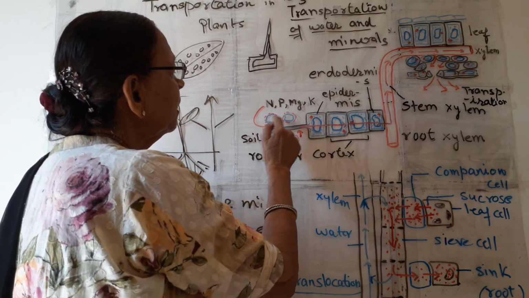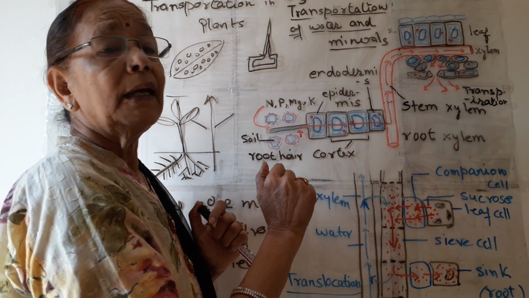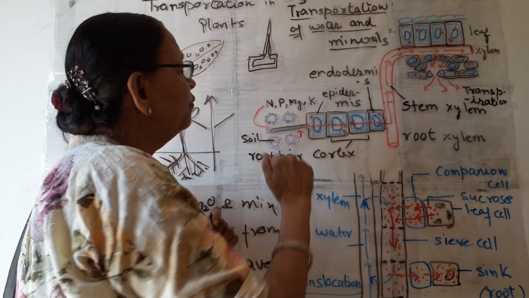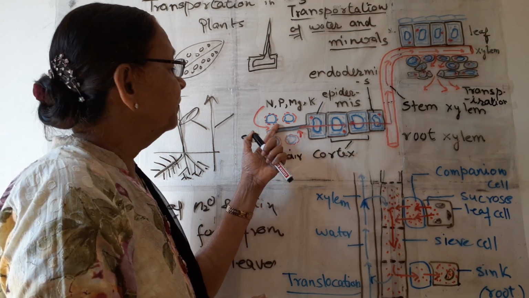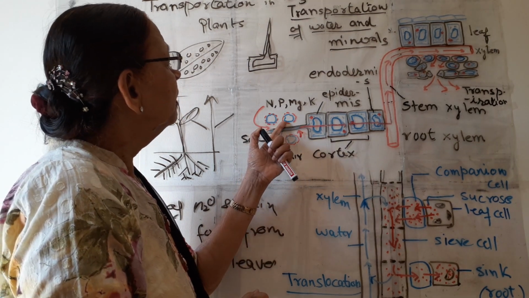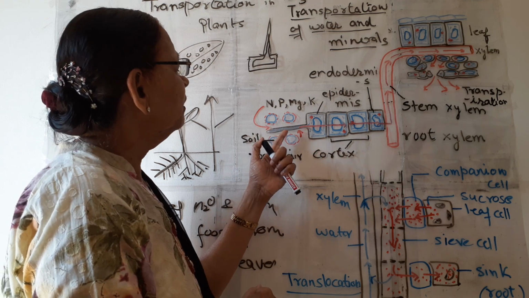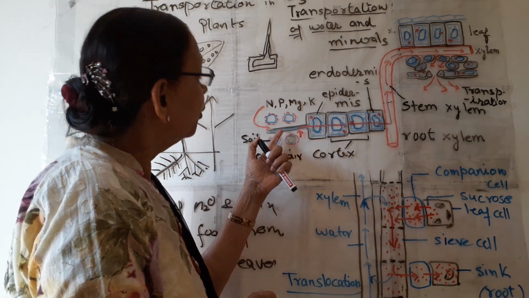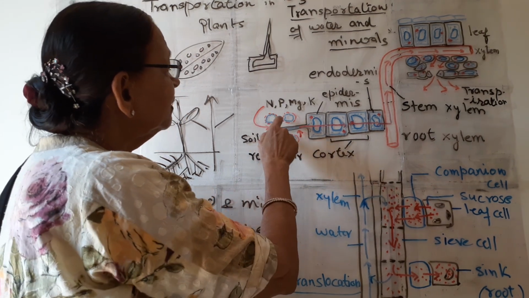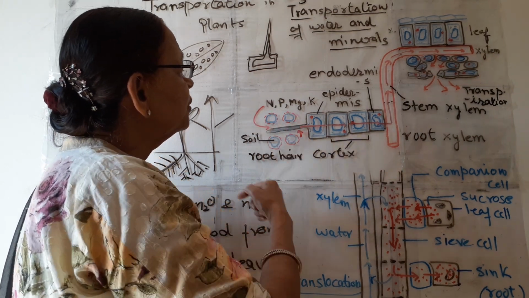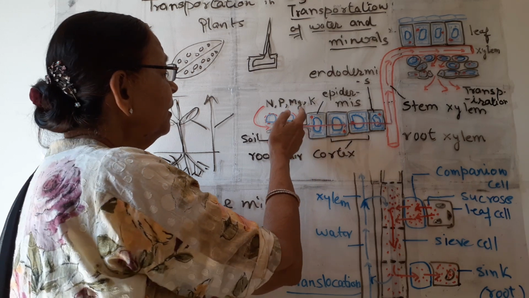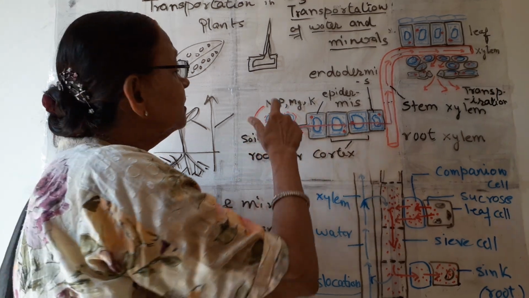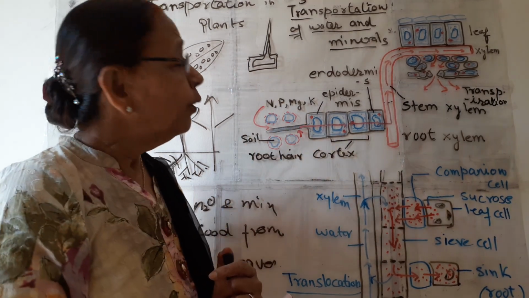This red line around this blue particle is a film of water, and it is known as capillary water. This capillary water is the only water available to the root hair, and minerals like sodium, potassium, magnesium, nitrogen are also present in the soil. These are also absorbed by the root hair.